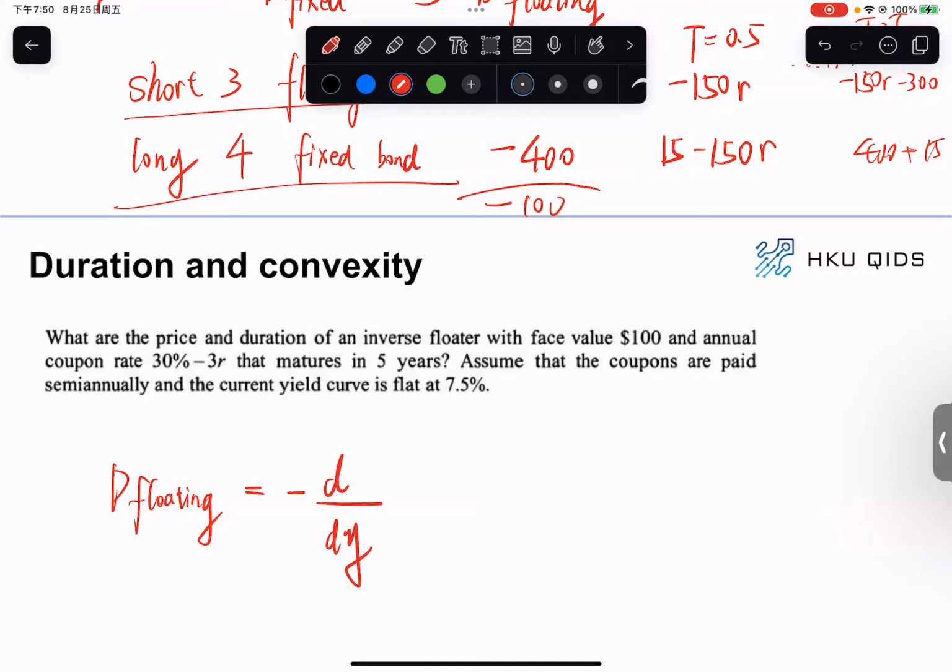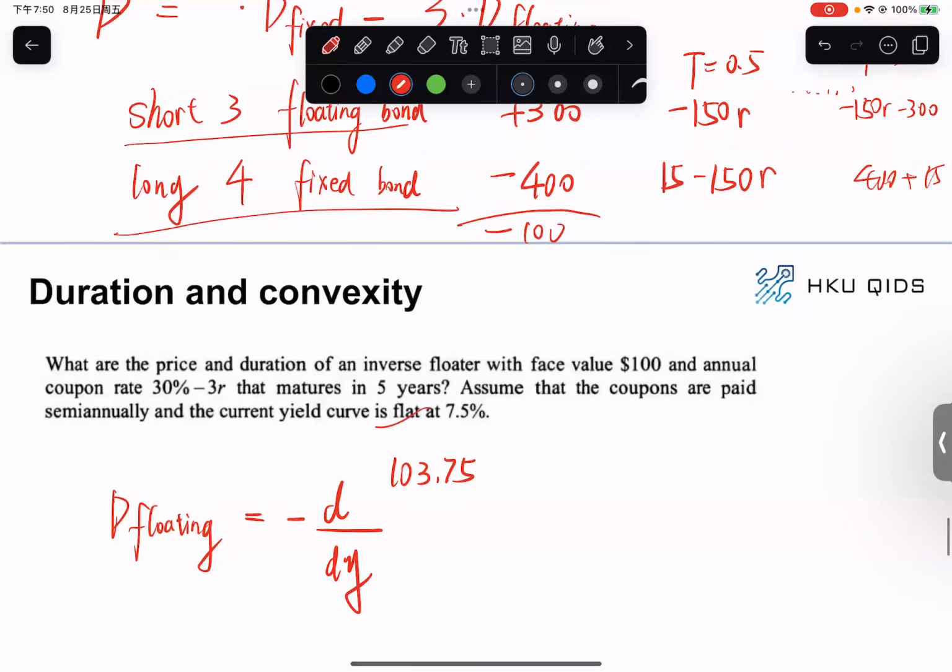So the floating rate bond is going to be what after 5 years? It is going to be 103.75 because it is flat. Okay, it is flat. So we basically only need to use 5 multiplied by 0.5% plus 100 to get the value at the end of the 5 years.